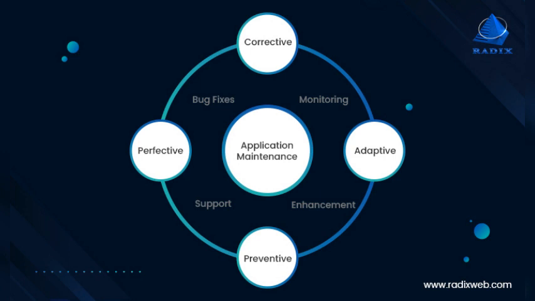So the next one is perfective. We said there are 4 types of changes developers make in performing maintenance of software, and one is perfective.